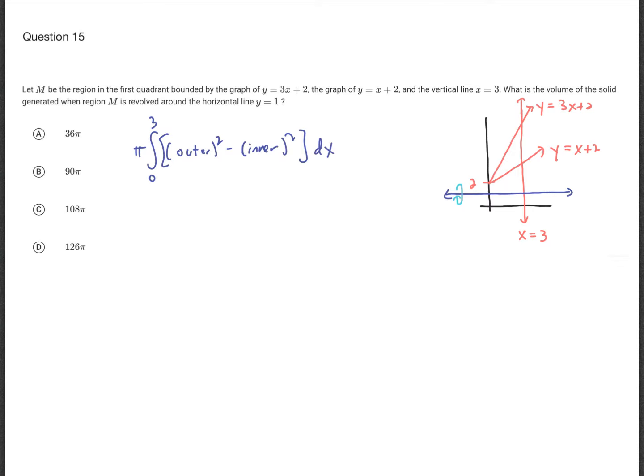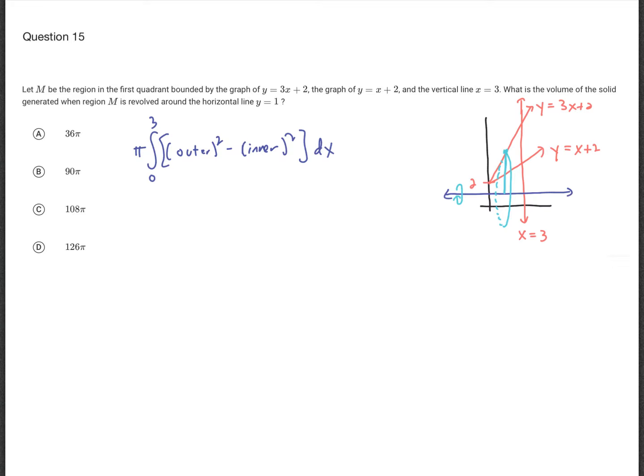Okay, so here, sorry, I had to kind of clip something, but hopefully this will make sense. All right, so now we have to get the outer radius and the inner radius. Okay, so the outer radius, so this distance, let's say you look at a cross section. So one of the radii will be, let's say, from here down to the line of revolution. All right, so this will be one cross section.